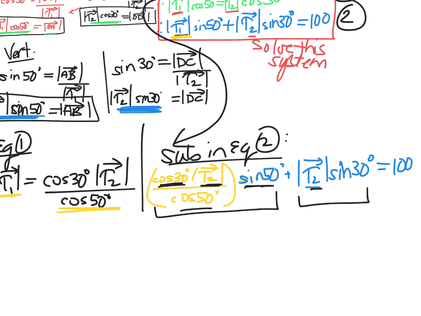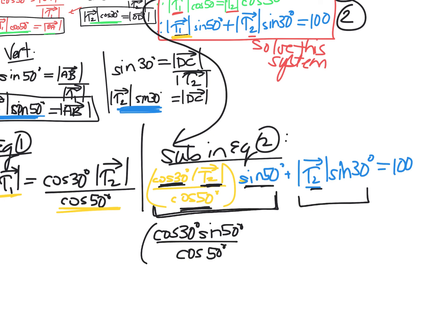In the first term, cos 30 times sine 50 divided by cos 50 is the scalar getting multiplied by T2. I add it with the scalar getting multiplied by tension 2 in the second term, which is sine 30. Once I combine those scalars, that becomes the new scalar multiplied by the tension in string 2, and that's equal to 100.